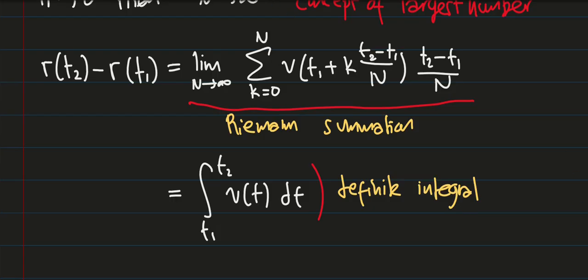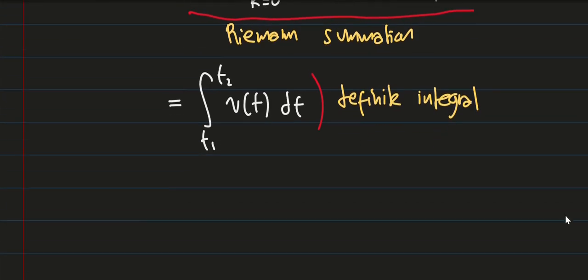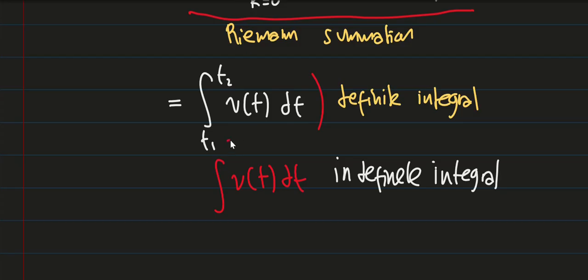Now, why do I call it definite? The S itself is an integral, but why do I call it definite? Because there is another, which is called the indefinite integral. We have lower and upper limits in the definite integral, but in the indefinite integral we have not. So what is the difference in result?